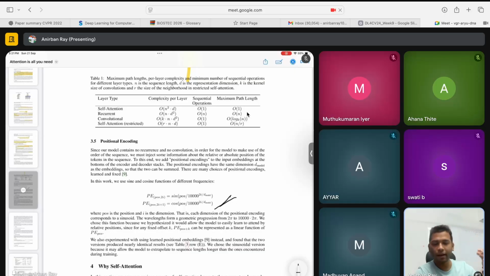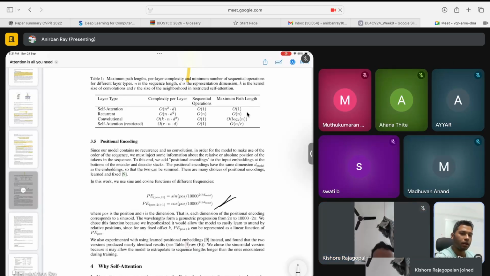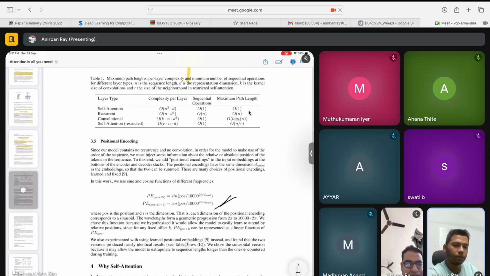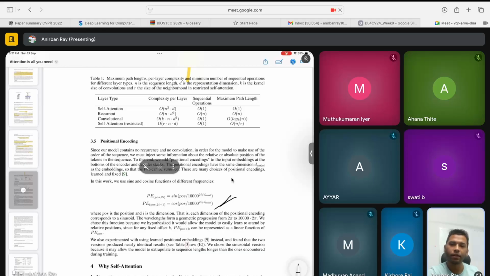The embedding has different dimensions as well, right? So for each position and for each dimension, it gives some positional encoding value. So this is one way. Another way is to use learnable positional encodings. So there are two ways here.